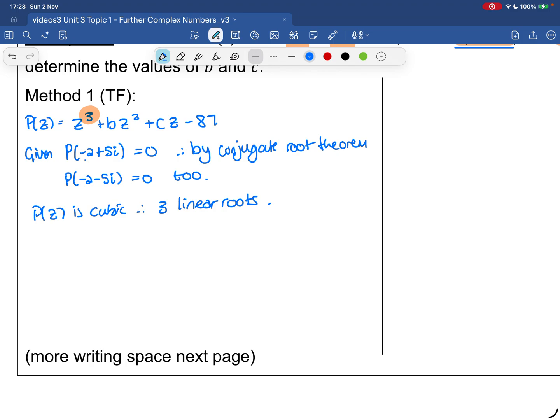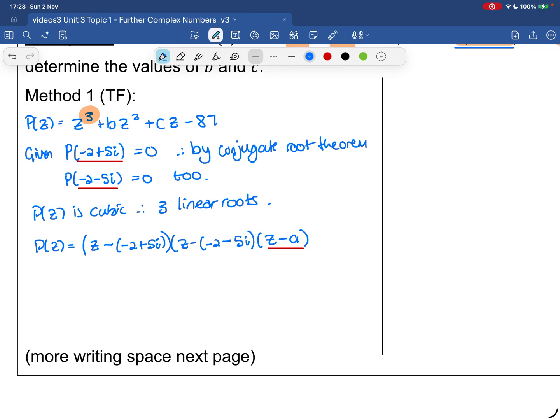One of my roots is this, one of my roots is this, and a third one is an unknown one that we're going to find. So I'm going to write this as P of z is equal to z minus negative 2 plus 5i, z minus negative 2 minus 5i, and z minus a, where the z minus a is my third linear root.